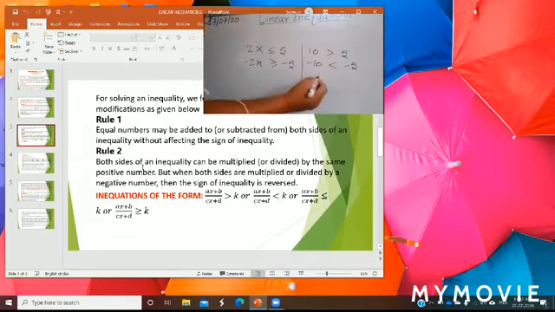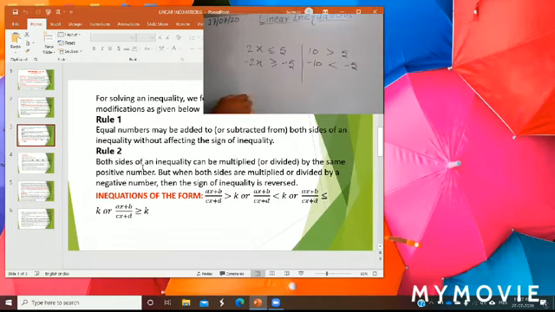So here you see that if you multiply by negative numbers on both sides, the sign of inequality is also changed. First of all, here you try to solve all the questions based on such rules, meaning inequality in one variable, and how you solve it for different number systems, algebraically or graphically.